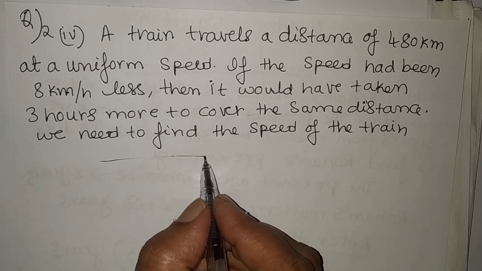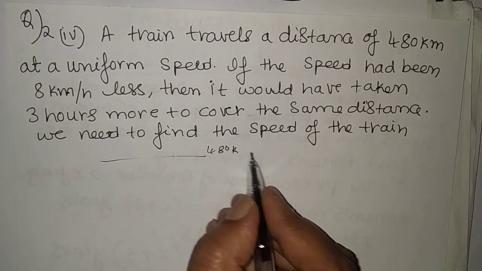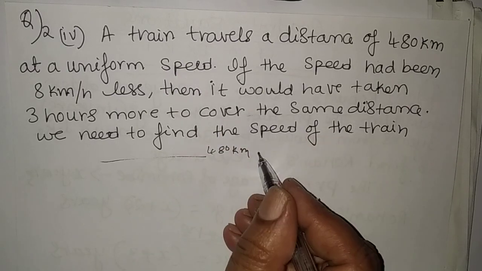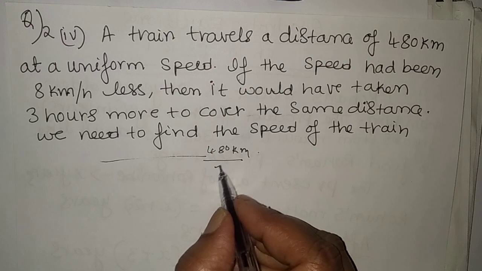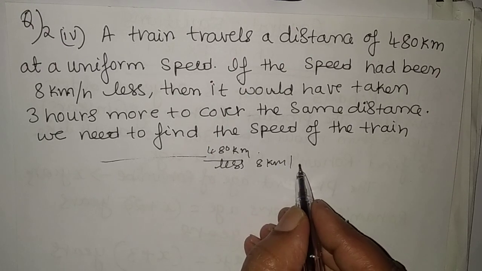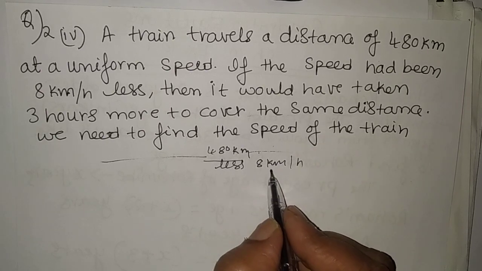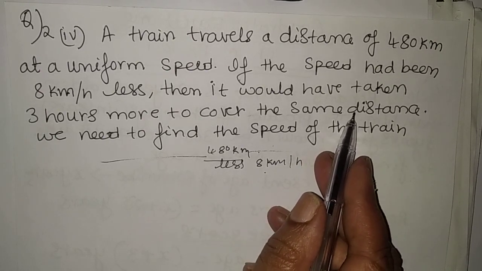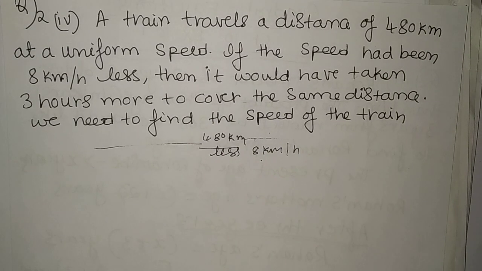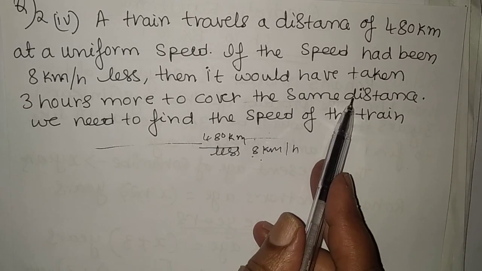See, a train is traveling at a uniform speed covering 480 kilometers. So the speed becomes less by 8 kilometers per hour, and then the time becomes 3 hours more.